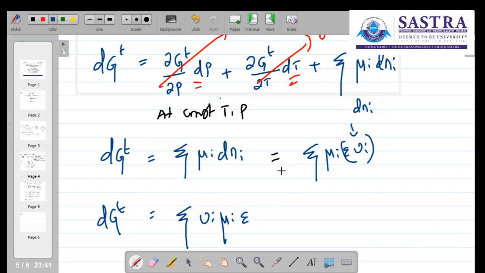Yeah, so what we have seen is in a system with reacting species at a given temperature and pressure, where the pressure and temperature are constant, we will see that dG t is given as sigma mu i nu i d epsilon. This mu i is the partial molar property, partial molar Gibbs energy. This is the stoichiometric coefficient, and this is the extent of the reaction.